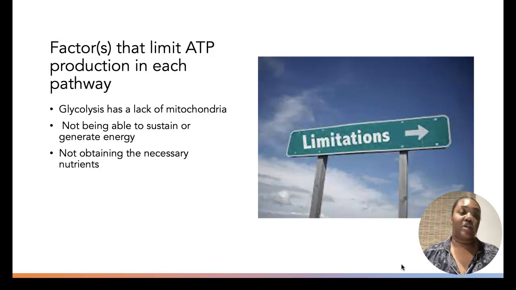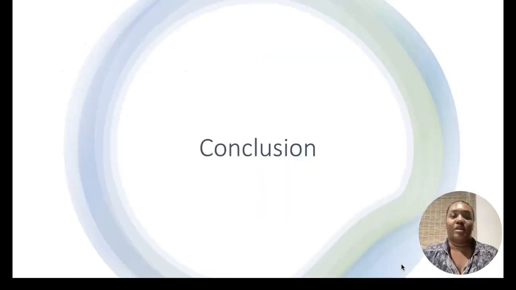Nutrients and hydration go together in order to sustain and generate energy. Without the necessary hydration and the necessary nutrition, you will not be able to have the energy needed to produce the ATP that is necessary for exercise.